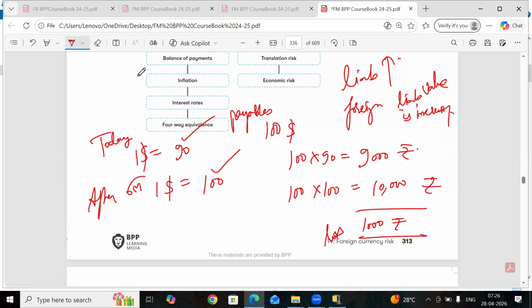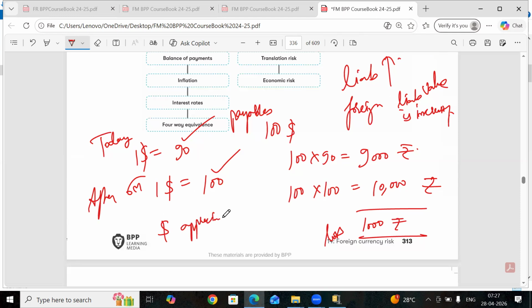There, when you were supposed to receive dollars, dollars were your assets, and if assets' value falls, it's a loss for you. If liabilities' value increases, it's a loss for you. So foreign liability value is increasing. How? Because the dollar has appreciated here.